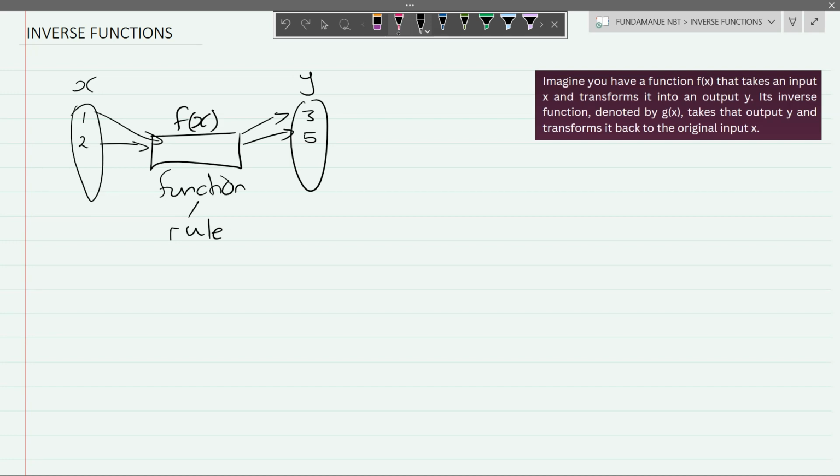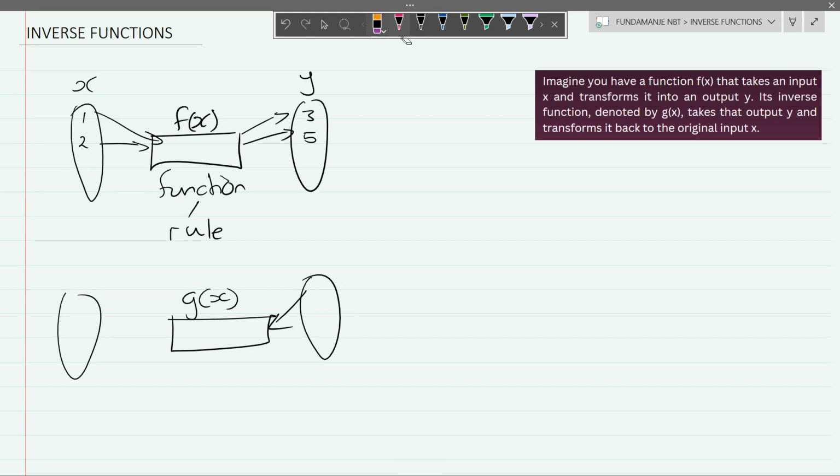But now the inverse of this function will be denoted by g of x. And the inverse of this function will be taking the output back in as the input. So its inverse, denoted by g of x, takes the output y and transforms it back into the original.